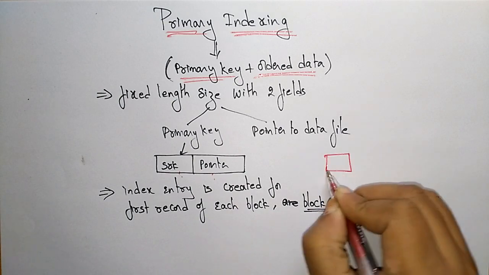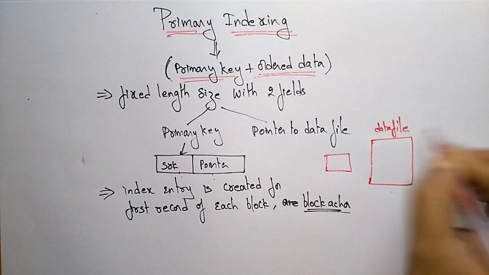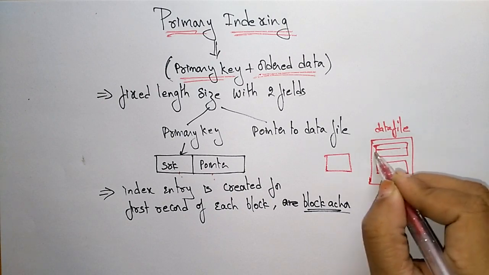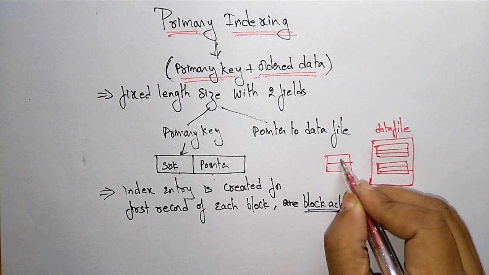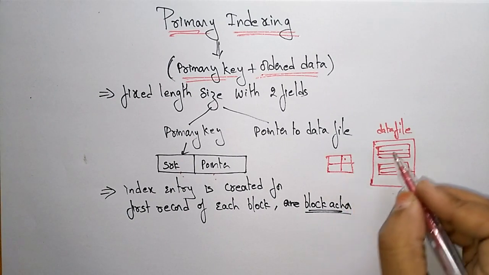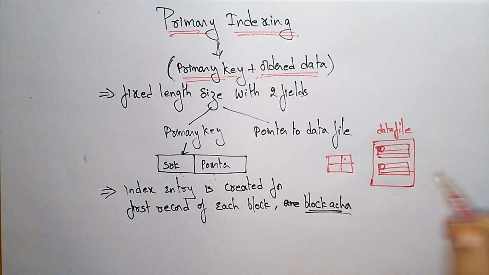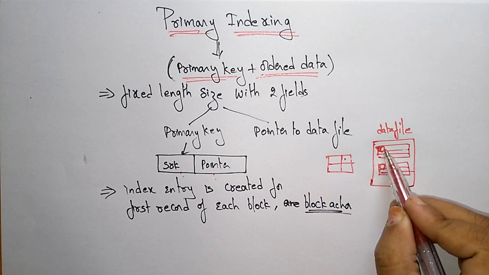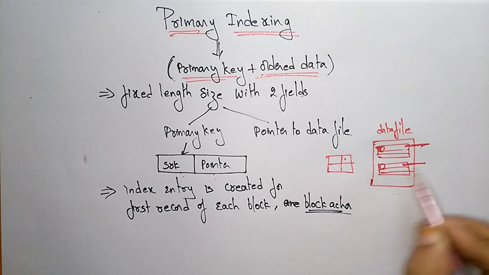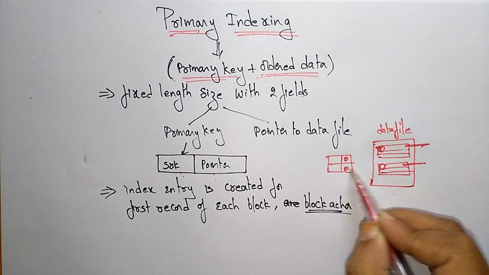Here the records are there. Suppose this is the block data file. In the data file, you are having blocks, and in each block you are having records. Here the index entry is created only for the first record of each block. This block entry will be stored here and this block entry is stored here.